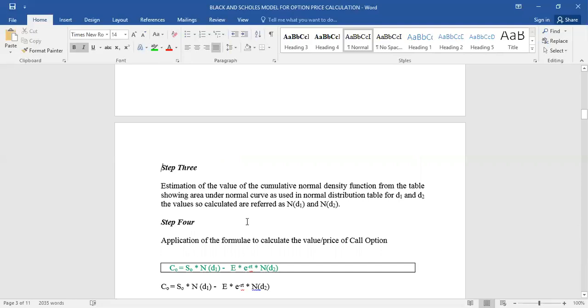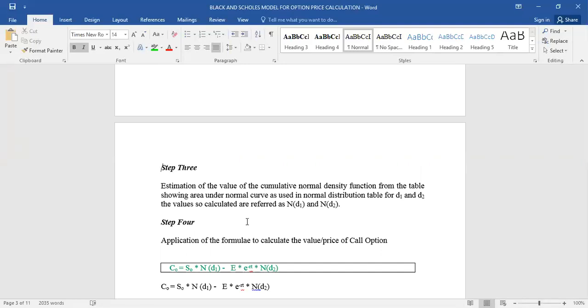Estimation of the value of the cumulative normal density function from the table showing area under the normal curve, as used in the normal distribution table, for D1 and D2. The values so calculated are referred to as ND1 and ND2. So ND1 is the area under the normal curve in the cumulative normal distribution table for the value D1, and ND2 is the area under the normal curve in the cumulative normal distribution table for the value D2.